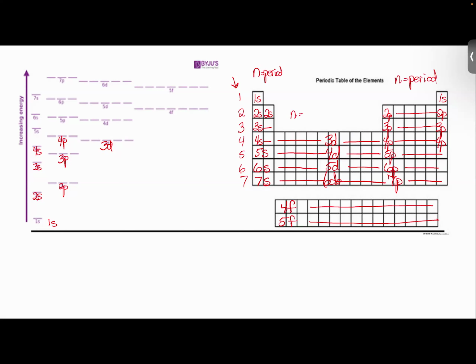N is equal to the period number minus 1 for your D's, and for your F's, it's N is equal to the period number minus 2. But the reason it is arranged the way it is is not only atomic number, but also related to energy. Questions?